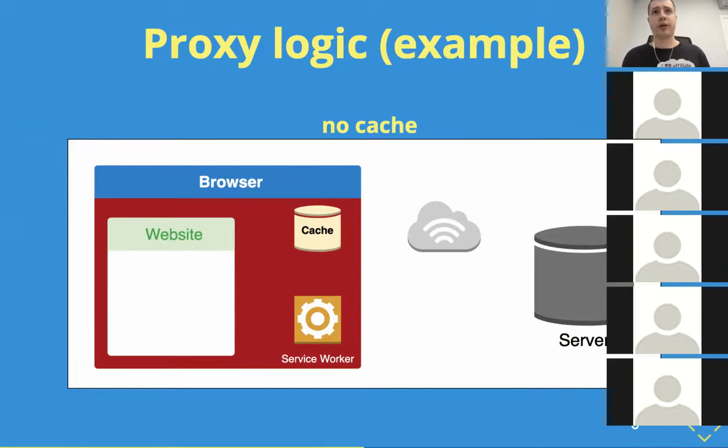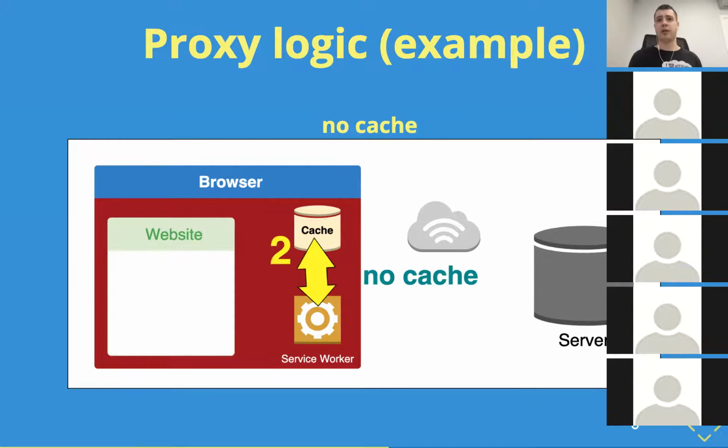Here is how this logic works when there is no cache, and the end user opens the browser and opens the website for the first time. The website makes a request, asks for an image, for instance. The website needs an image, so it makes a request. It goes, as you might remember, to the service worker.